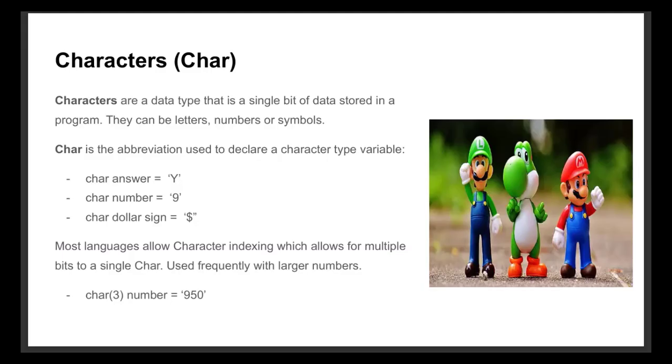When we are doing a declaration or declaring a character in a program, we are assigning a specific character to what's called a variable. A variable is the name that we give to a specific character. So for example, in a computer program, we can use the char abbreviation, C-H-A-R, a space, and then the variable $sign.